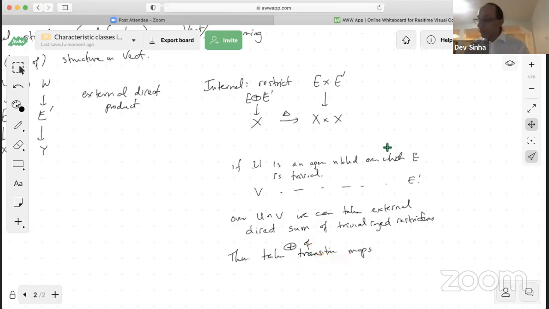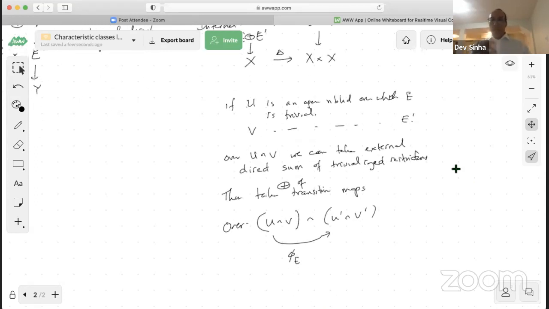By which I mean, if I have U intersect V overlapping with U prime intersect V prime, then I had some linear map for every point in U intersect U prime, which was sort of a phi, let me call it phi sub E, which is a linear map giving an isomorphism between the two possible trivializations of E over the point X in U intersect U prime.